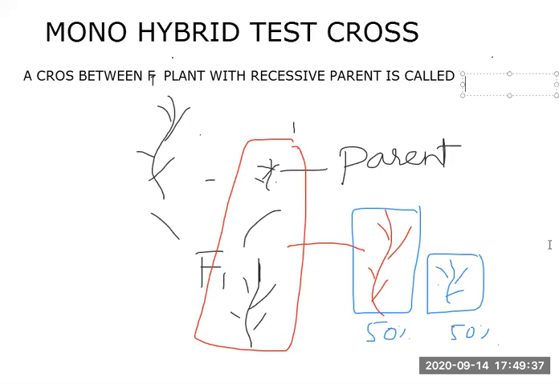So dwarf plants appeared when the F1 plant was crossed with the recessive parent. To say dwarf, at least two recessive genes are required, isn't it?